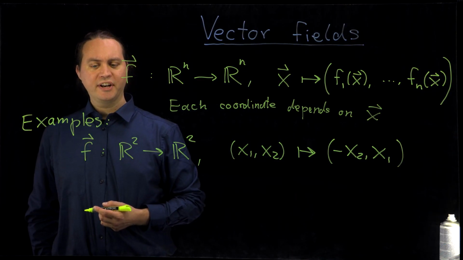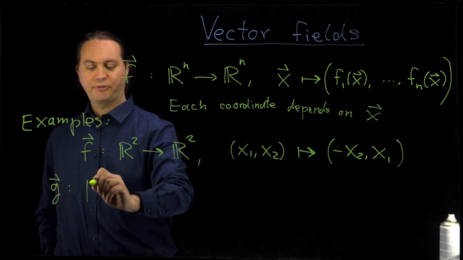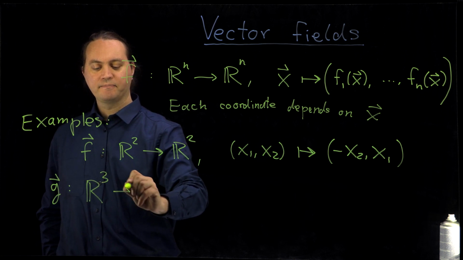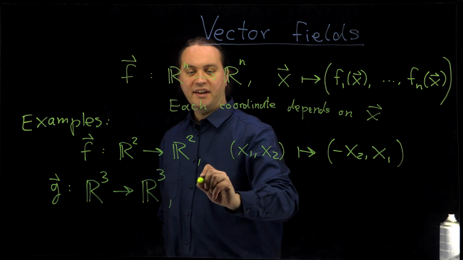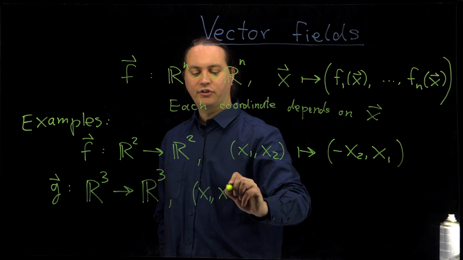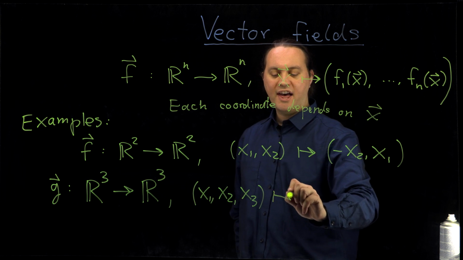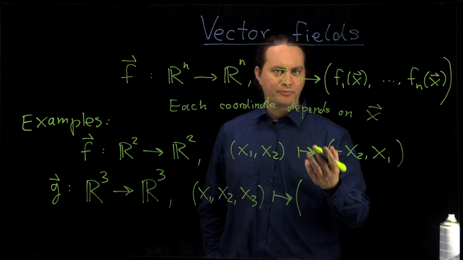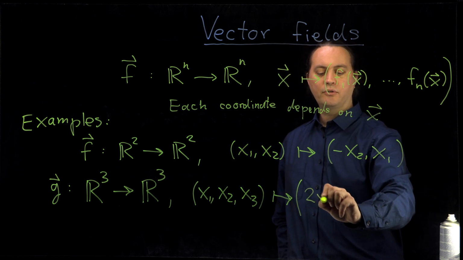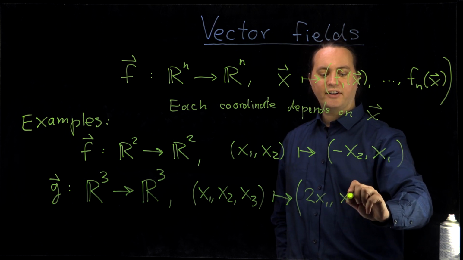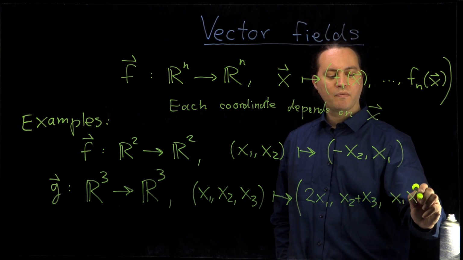The second example is a three-dimensional vector field. Let's call it G. It maps from 3D, three-dimensional space, R^3 into R^3. And it takes a vector x1, x2, x3 and produces out of that the following three-dimensional vector with the following coordinates: 2x1, x2 plus x3, and x1 x2 x3.